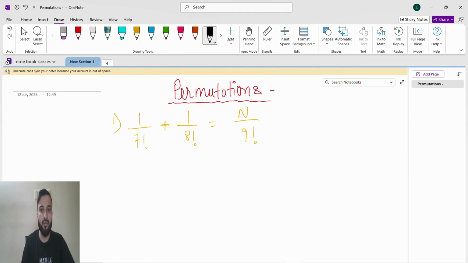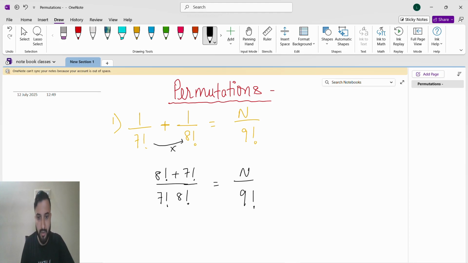We know these two are in LCM form, so we can take the LCM of both. The denominators multiply, so the denominator becomes 7 factorial into 8 factorial, and the numerator becomes 8 factorial plus 7 factorial, equals n by 9 factorial.